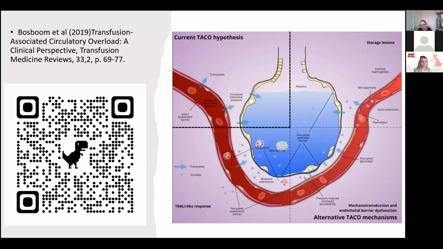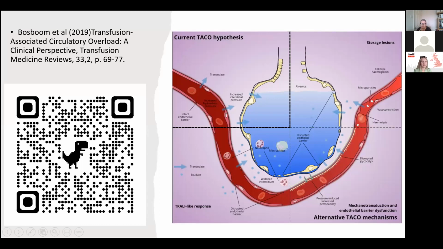Then if we move to the bottom right-hand corner there, this is more of a mechanical destruction kind of model. And this is caused by pressure-induced permeability, or what we might call barotrauma. It disrupts the glycocalyx, and again, transudate and exudate crosses the interstitium and fills up that alveolus with fluid through that disrupted epithelial barrier.